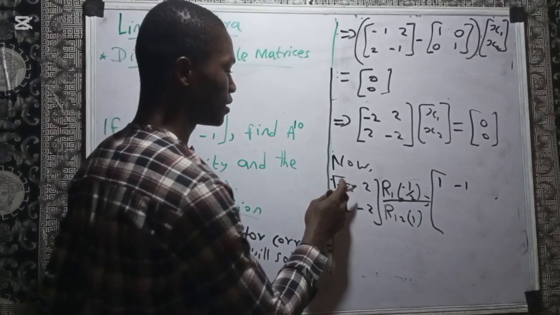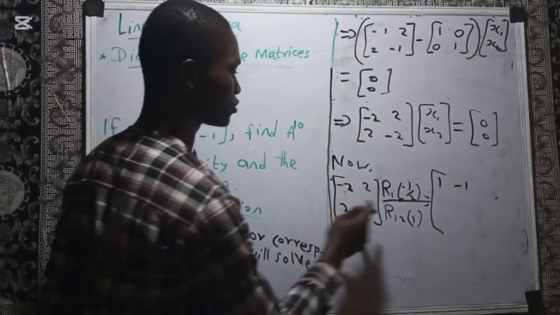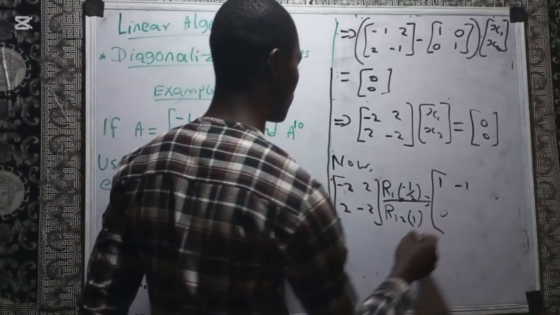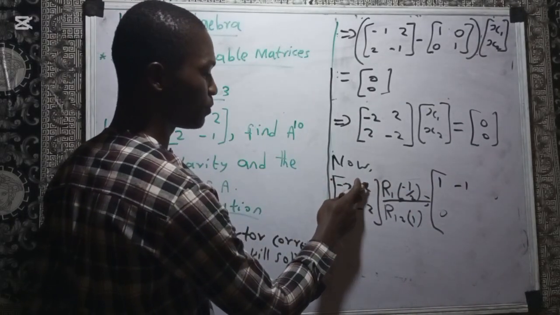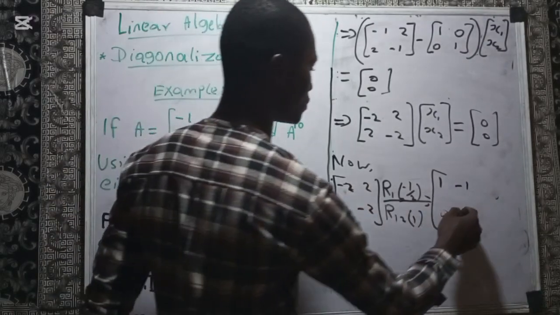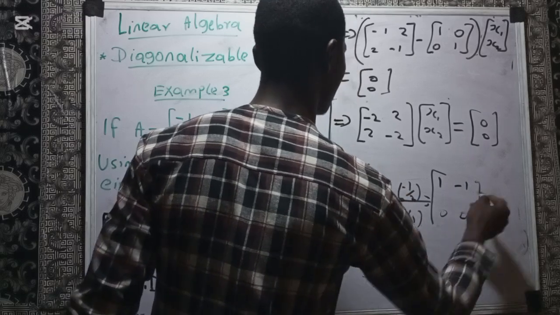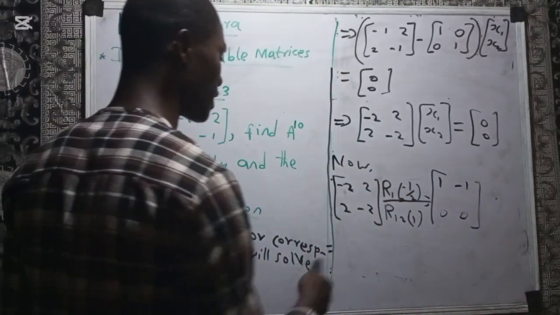So let's do that. +1 multiplied by -2 is -2, plus 2 is 0. +1 multiplied by +2 is 2, adding it to -2 gets 0. So this is what we have. With this, we have reduced this matrix.